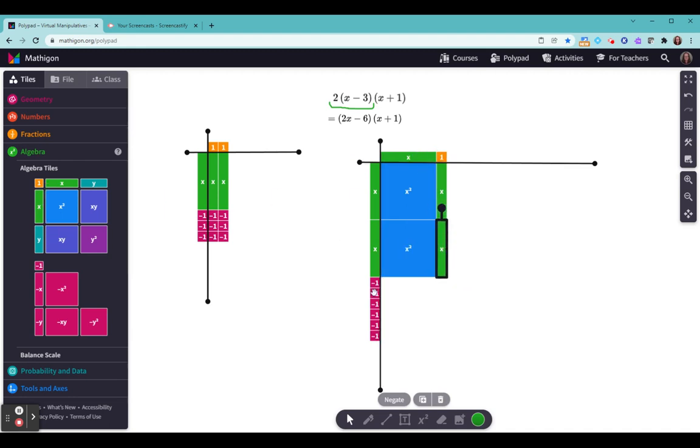X times negative 6 is negative 6x. So fill all of these in. And 1 times negative 6 is negative 6.